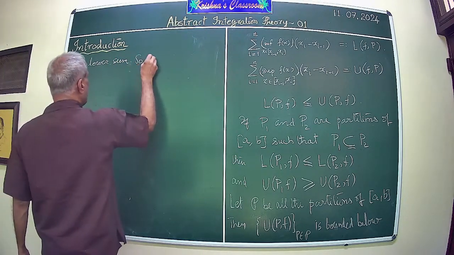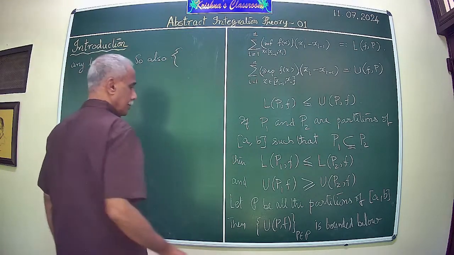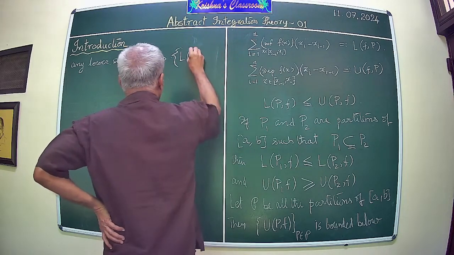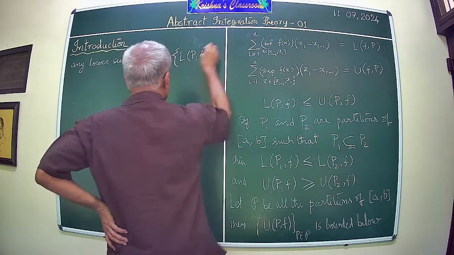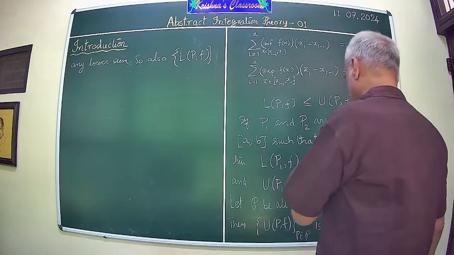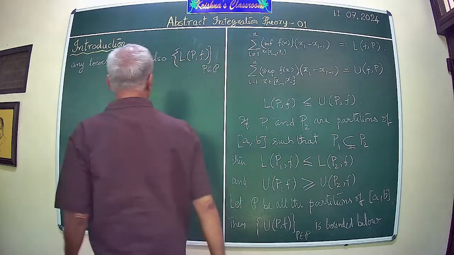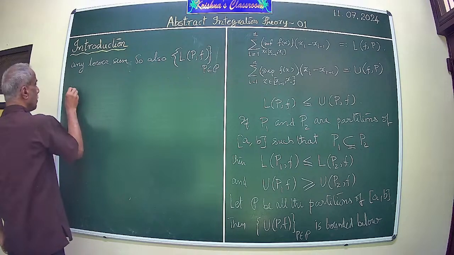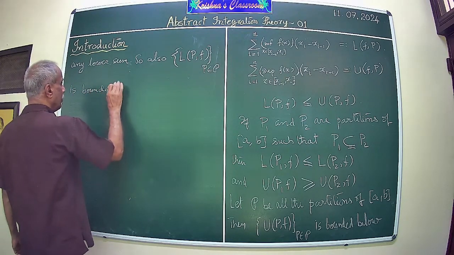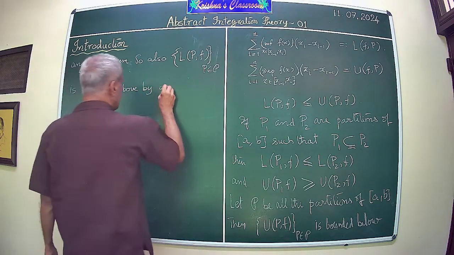So also the lower sums are bounded above by any upper sum.